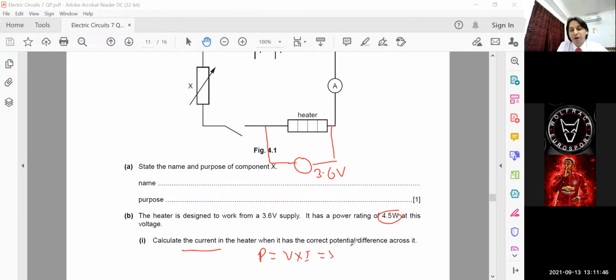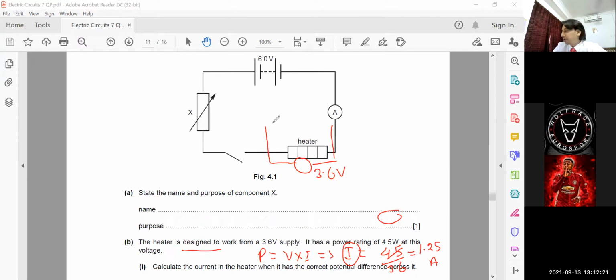This implies I equals power, which is 4.5, divided by voltage, which is 3.6. If you do the calculation, you will get 1.25. You are calculating current, so the unit should be ampere. 1.25 ampere current will flow across the heater, children.